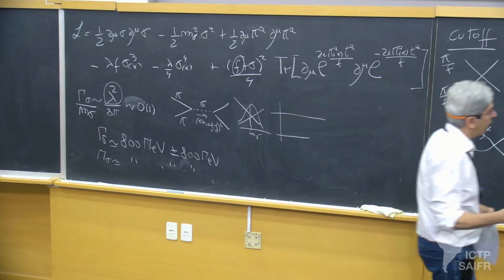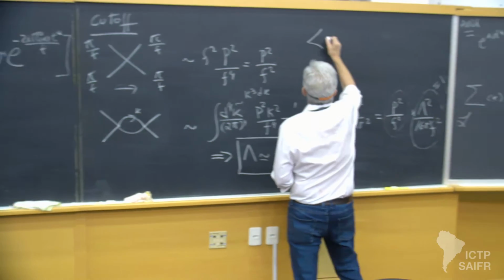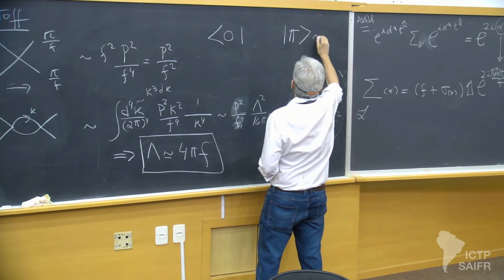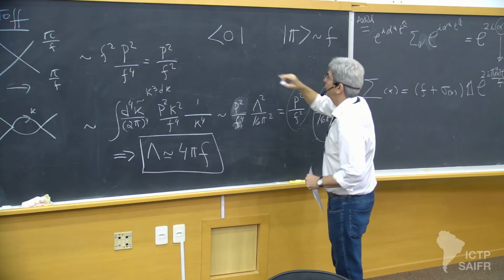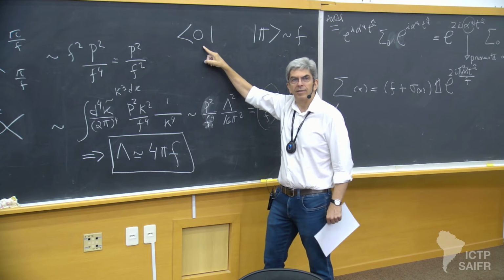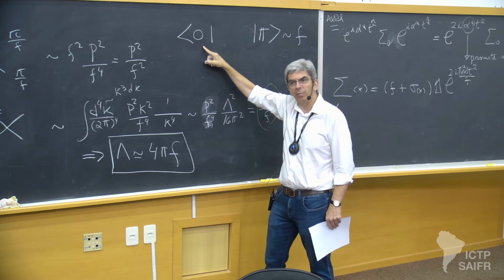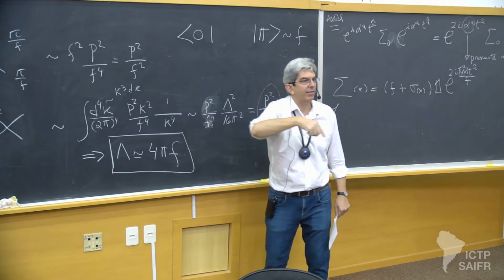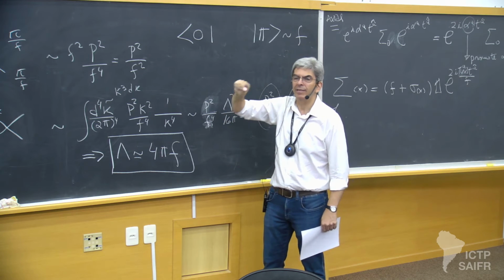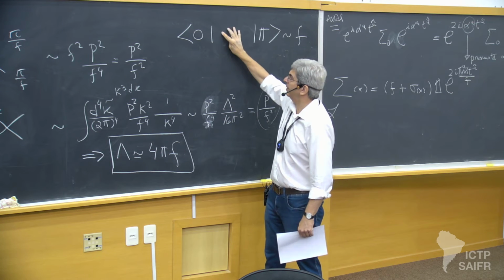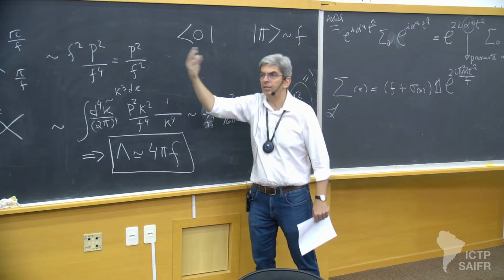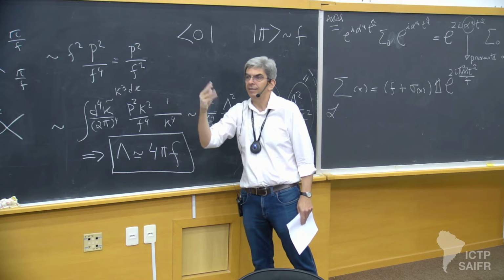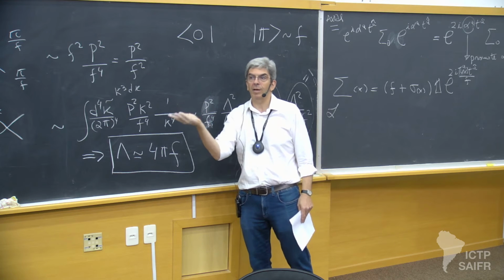And how do I know f? Anybody knows how do I know f? This is proportional to f. It turns out that I know that the pions, since they are Nambu-Goldstone bosons, from back when I said that the Nambu-Goldstone bosons have to have the same energy as the vacuum, that there is a charge that doesn't annihilate the vacuum, but takes it to some other state, alpha, I called it, but there's a charge that takes you to the Nambu-Goldstone bosons.